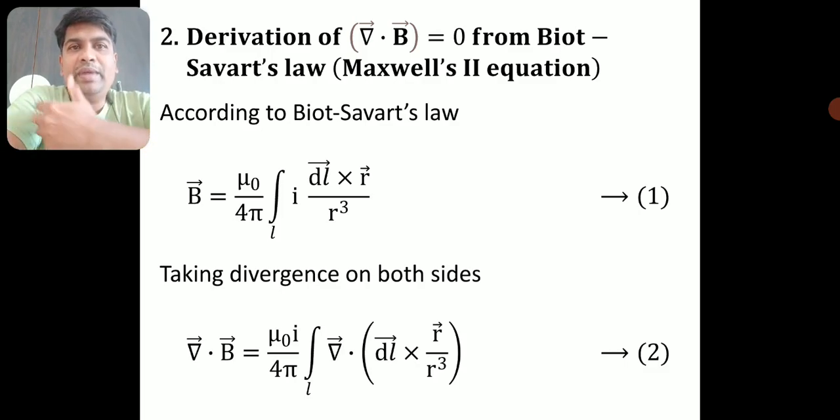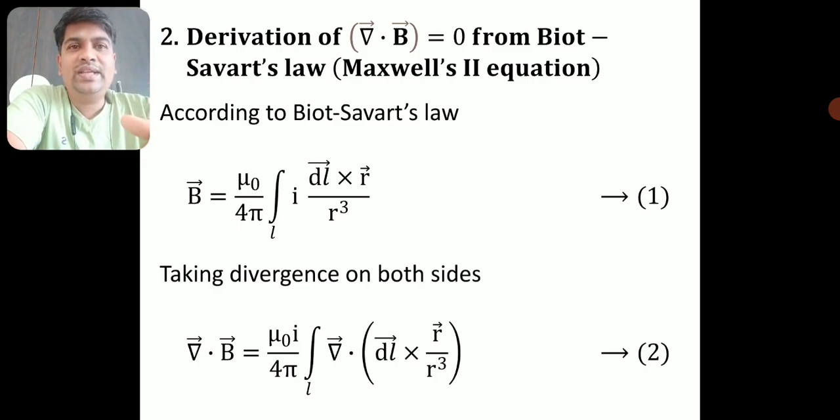The total magnetic field for the whole conductor which carries a current I, according to Biot-Savart's law, is B equals mu naught by 4 pi, line integral of I dl cross r divided by r cube. I have mentioned this as equation 1. It is the total magnetic field due to the current in a whole conductor.